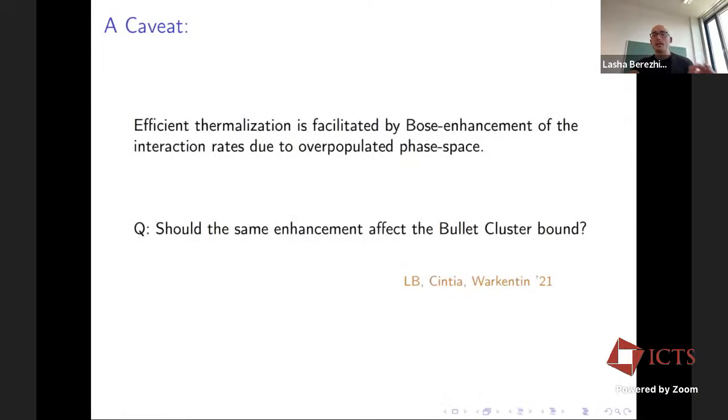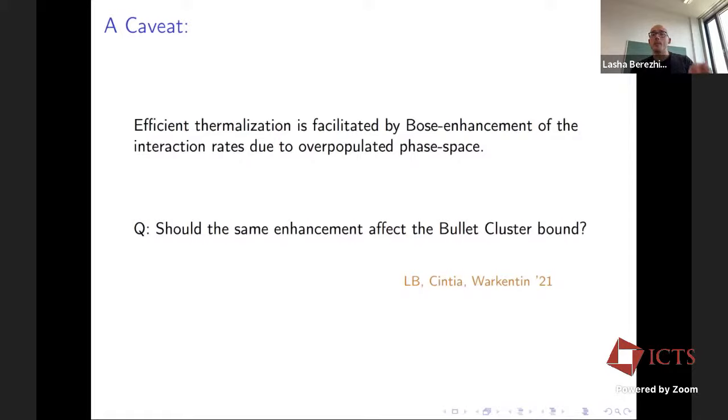So there is a small caveat, which is not so small, and it is connected to this question of efficient thermalization, because as I discussed, it was vital to have a galactic scale superfluid core, a galactic scale thermalized core. One had to use the Bose enhancement factor to boost the interaction rates. Otherwise, it is impossible.